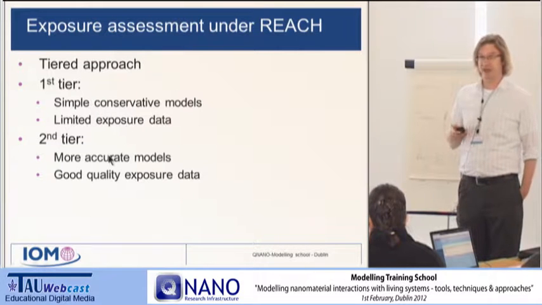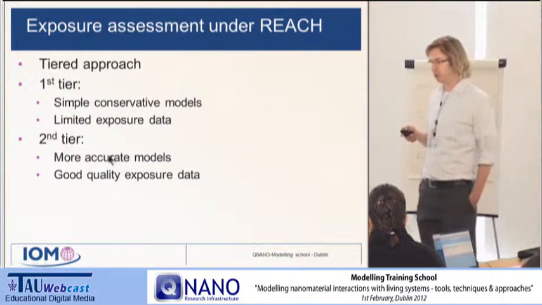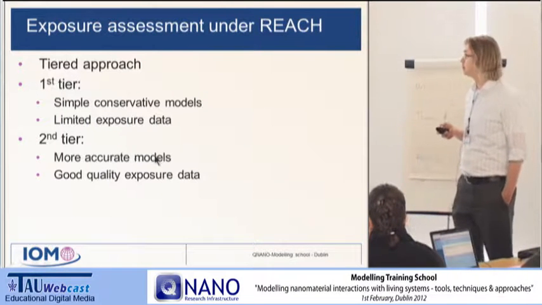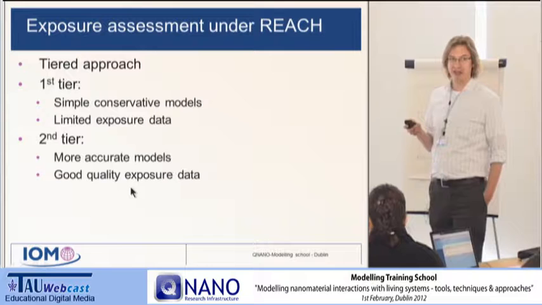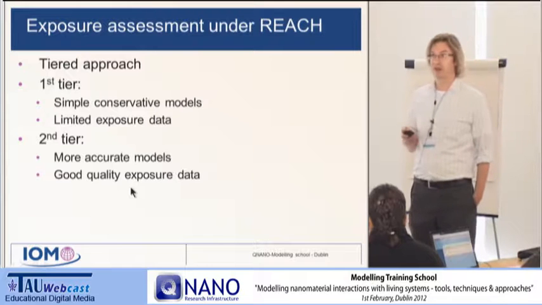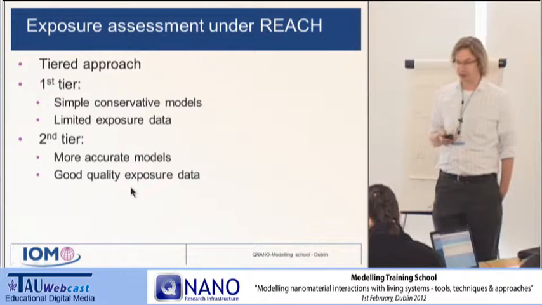Or you can say, right, now I think I need to do my exposure assessment more accurately, and you can do that either by using more complex models, or by actually going into the workplace and taking a lot of measurements to see what the exposures actually are.